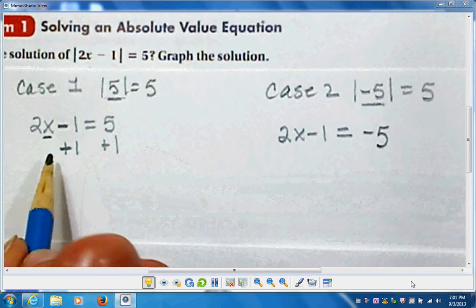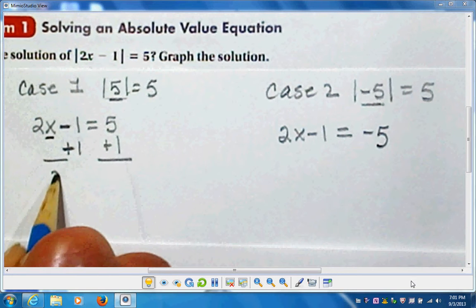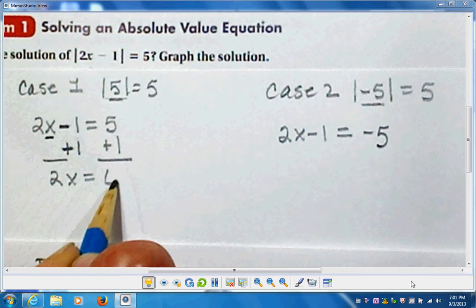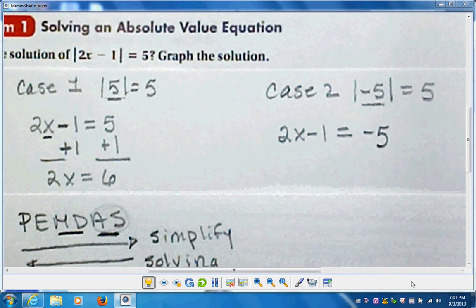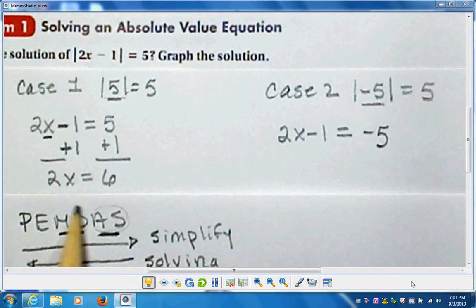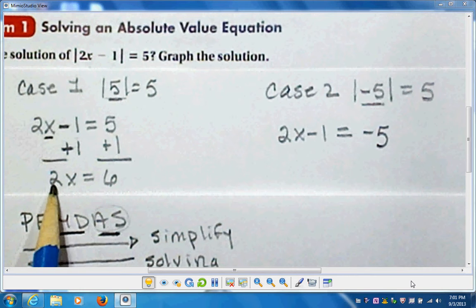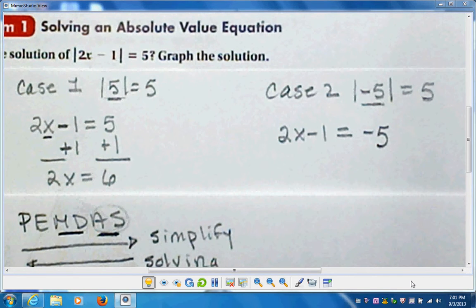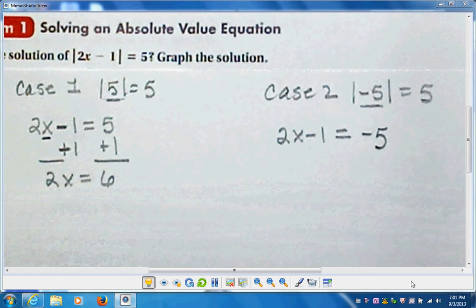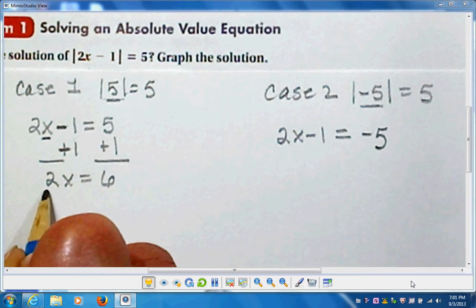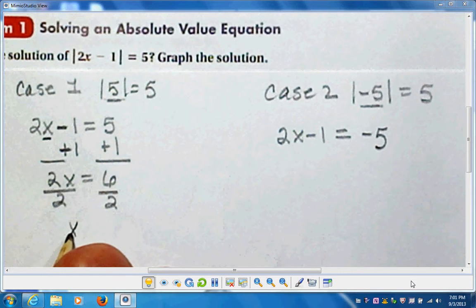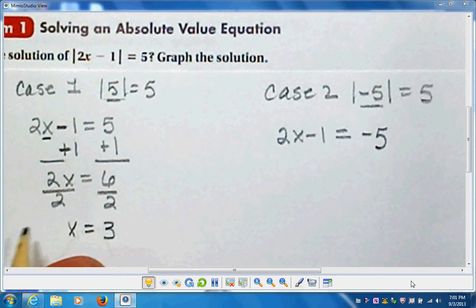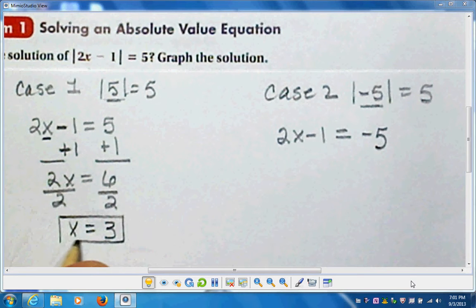Then that gives me 2x equals 6. I don't have anything more being added or subtracted, but I have something being multiplied, the 2 times x. So I unmultiply it. I divide both sides by 2. That gives me x equals 3. So that's one possible answer.